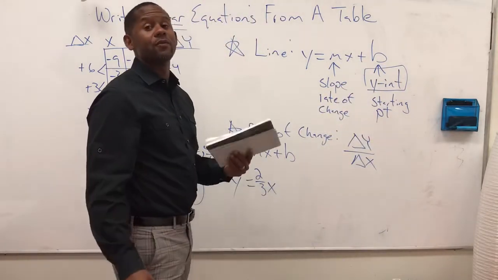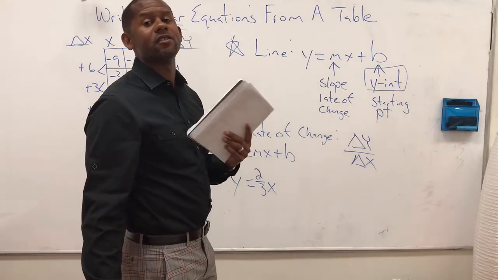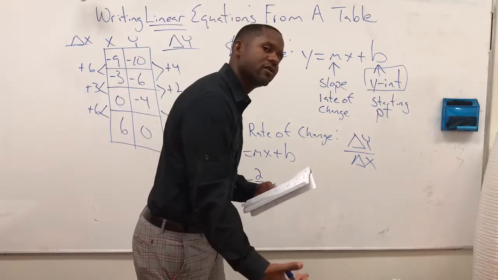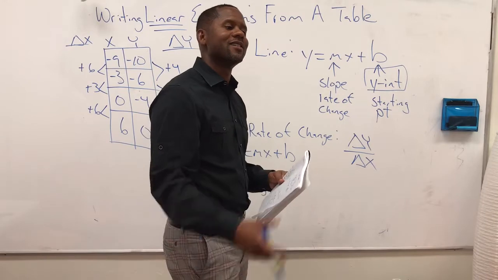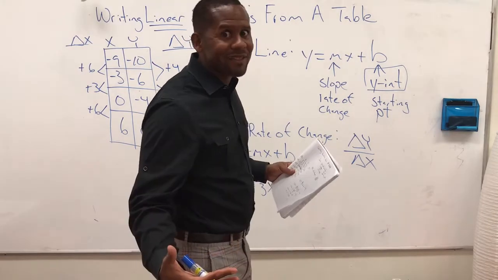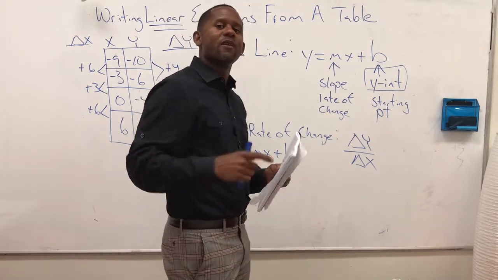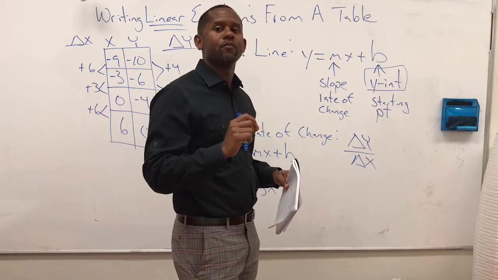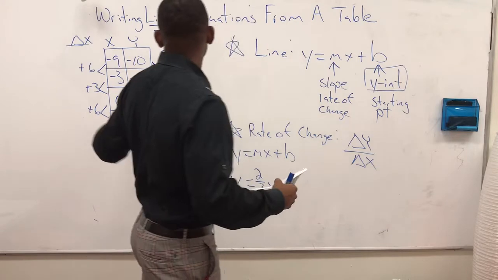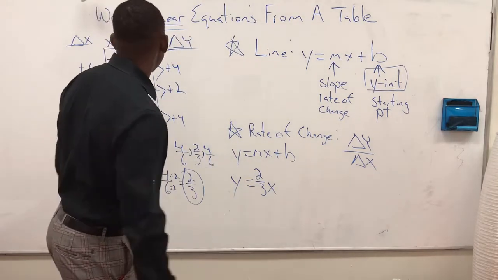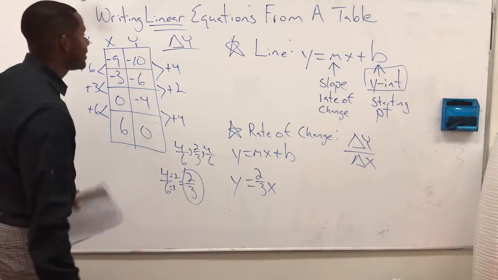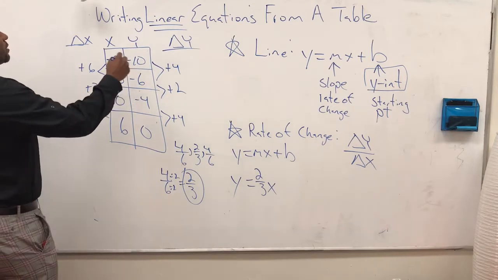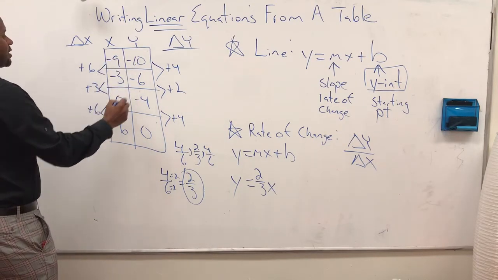There's one thing that hopefully you remember about the y-intercept. What is the x value of every y-intercept? If you have a y-intercept, the x value is always 0. It's the starting point. So when x is 0, where does y start? I can often find it straight from my table. x isn't 0, x isn't 0.